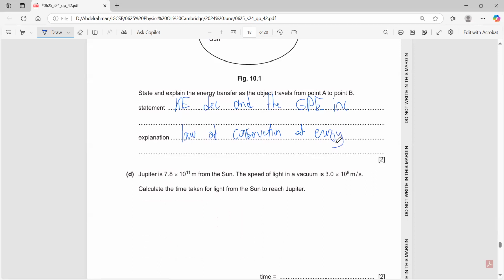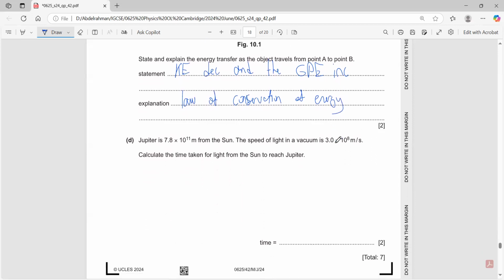Jupiter is 7.8 times 10 to the power of 11 meters from the sun. The speed of light is 3 times 10 to the power of 8. Can I find the time? Yes.